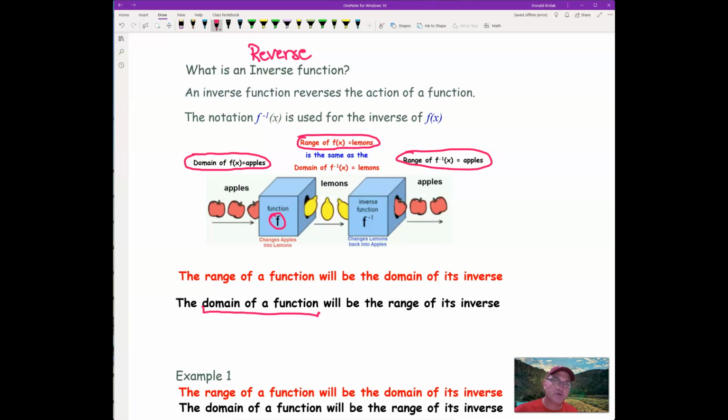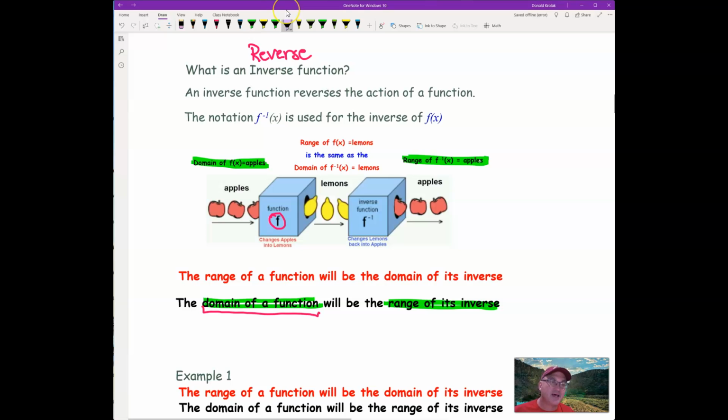Now I color-coded these to show you which ones are the same. Let me use a highlighter here. The domain of the original function is the same as the range of the inverse. See how they're both apples? So that's what I said right here: the domain of the function will be the range of the inverse.